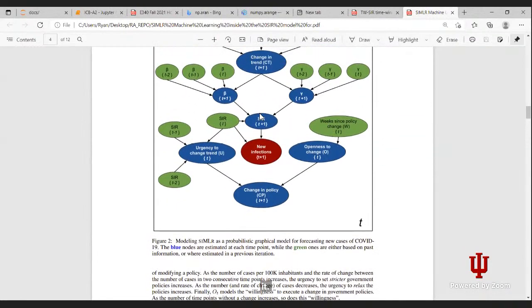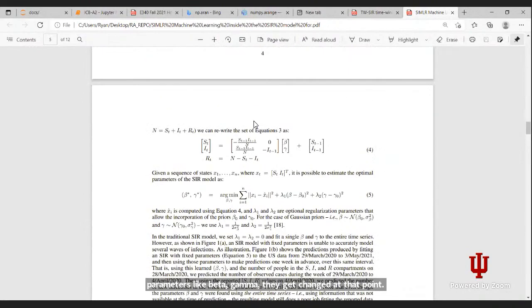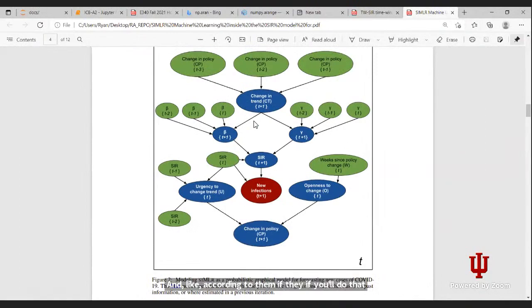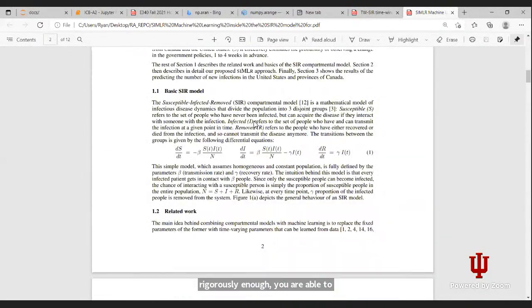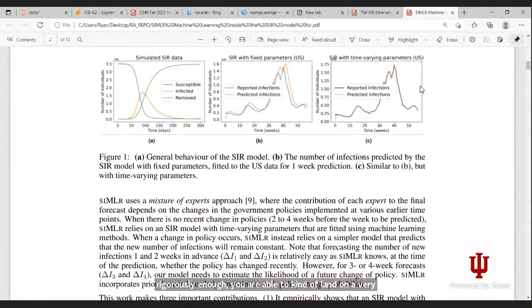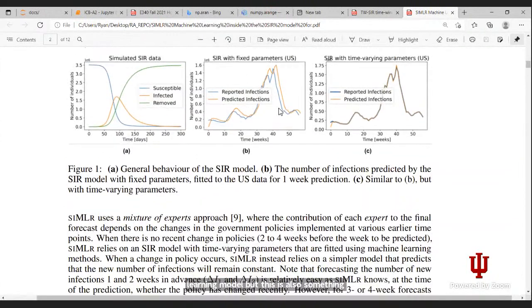Parameters like beta and gamma get changed at that point. According to them, if you do that rigorously enough, you are able to land on a very accurate prediction. Again, there is no deep learning involved here, but this is also something that can be considered: sociological effects on the dynamics of SIR.